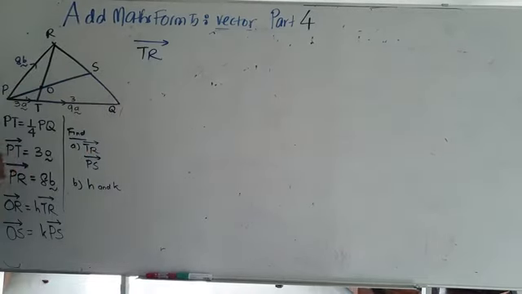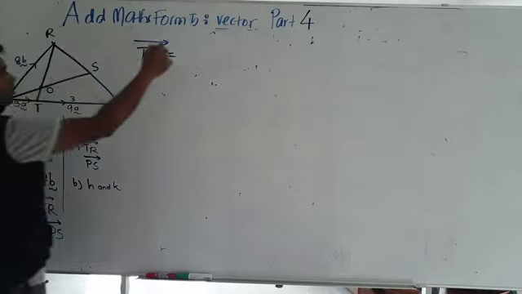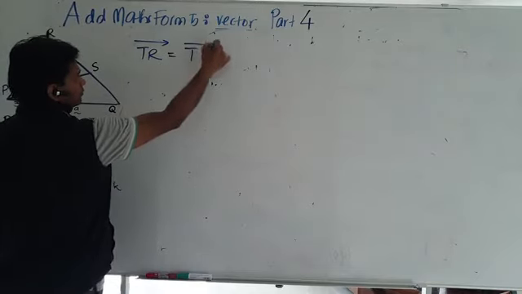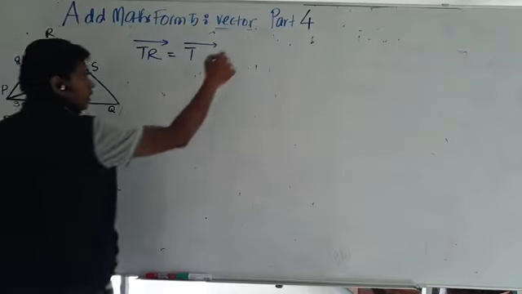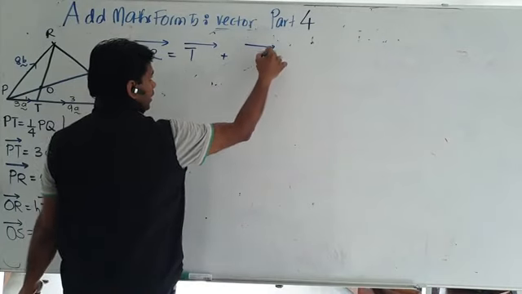Is everybody okay about the question? There's a triangle PRQ, with two lines intersecting somewhere here at O. We need to find TR. Where's TR? TR is this. In order to find TR, you need to make an equation. How do you write an equation? Let's put an R over here.